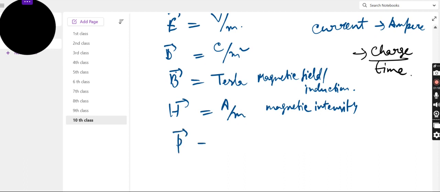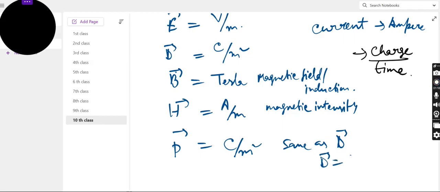Polarization also has, sorry, it should be coulomb per meter square, same as D, otherwise they will not add up. We have D and P. So P and D have to be the same unit.